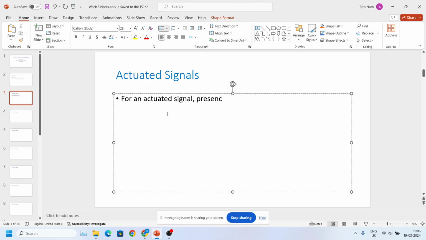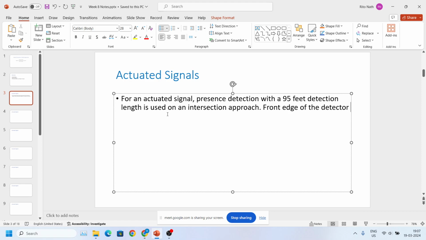Presence detection with 95 feet detection length is used on an intersection approach. Now, front edge of the detector rests on the stop line.